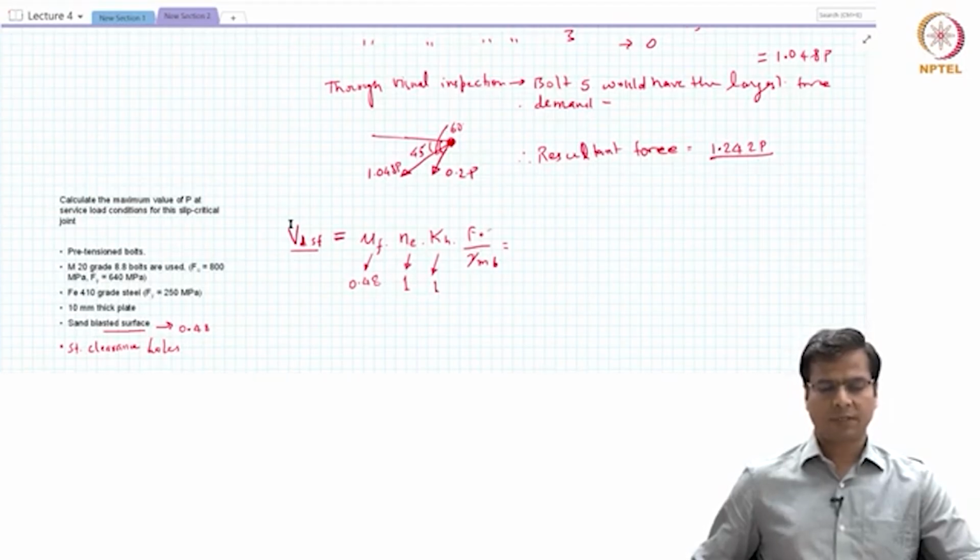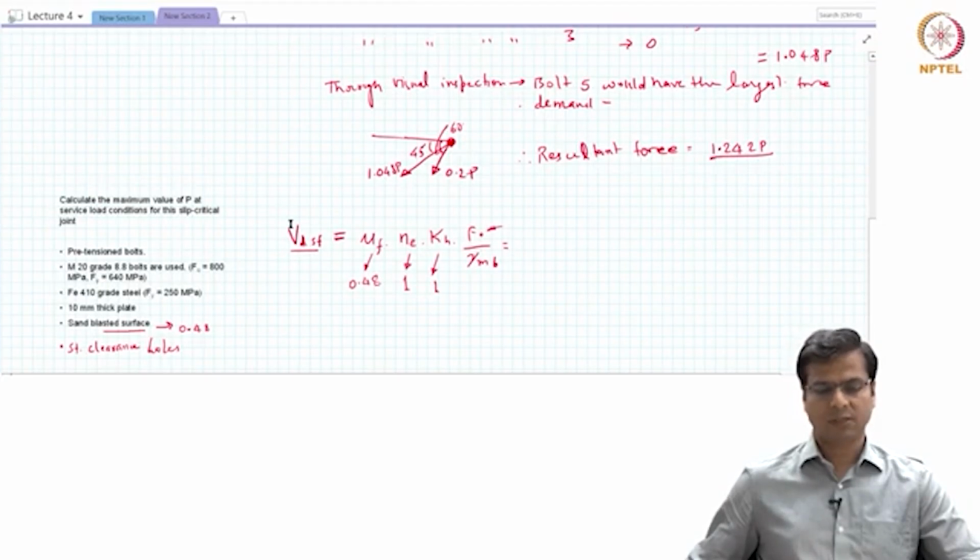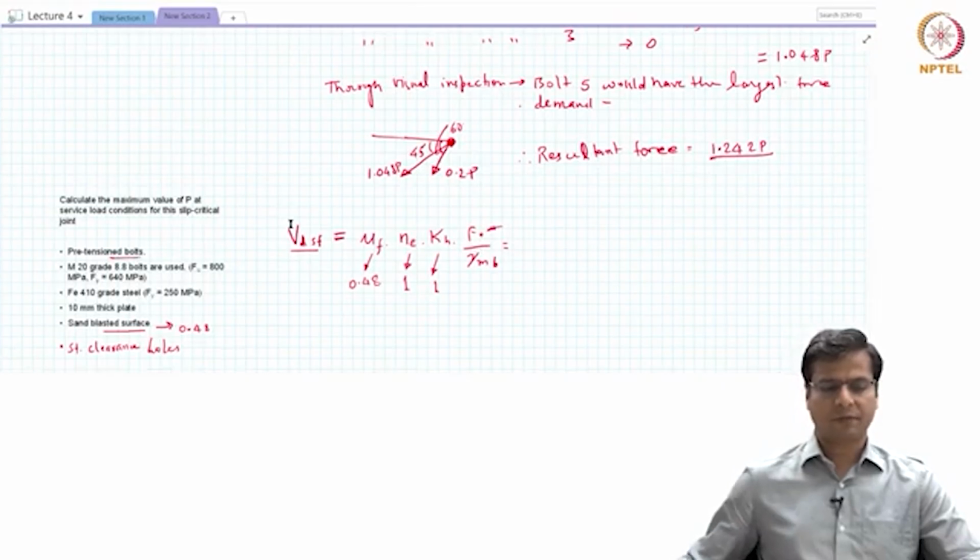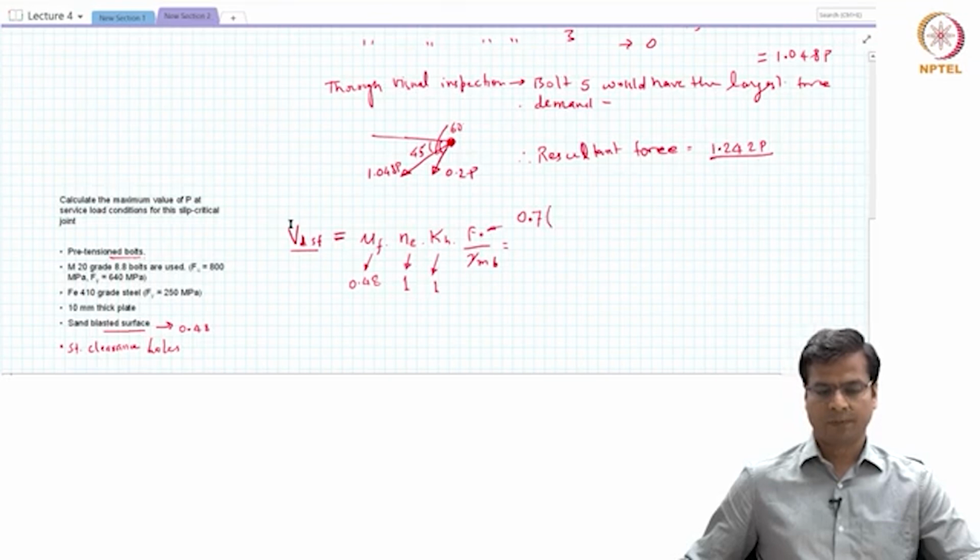F0 is the proof stress or the proof load in the bolt, which is basically the definition of pretension force. Which again will be equal to 70% of the ultimate load. Okay, so 70% is 0.7. What is the ultimate load in tension for a bolt?